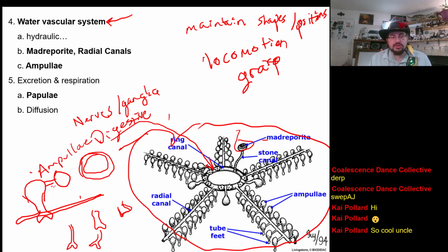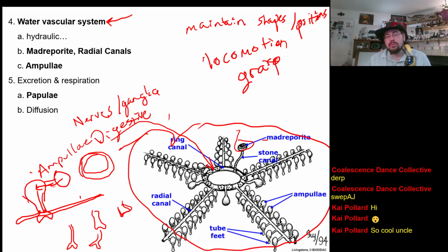If you push water into the ampullae, the water pressure pushes the foot out and extends the foot. Then to pull the foot in and grasp or suck onto something, you push water in the opposite direction, back into the radial canal.